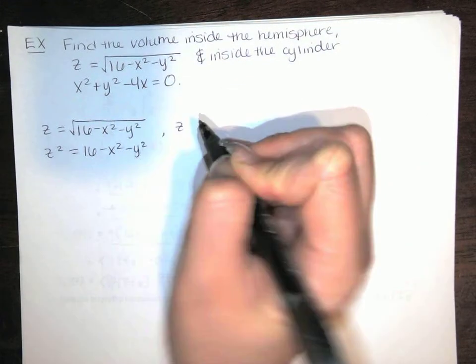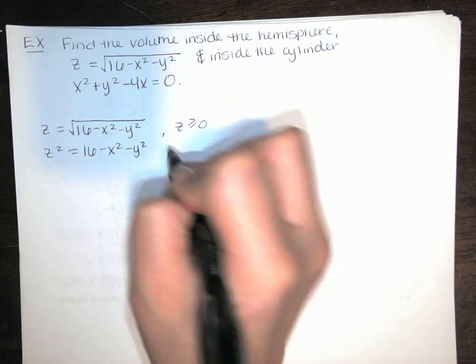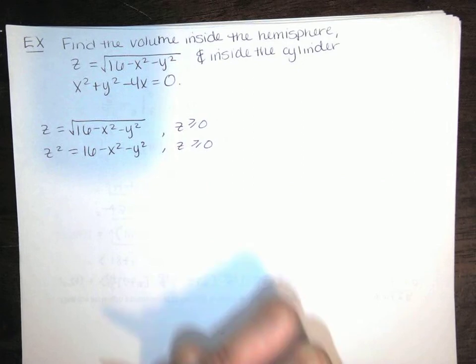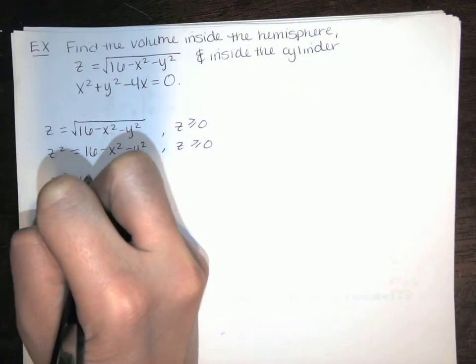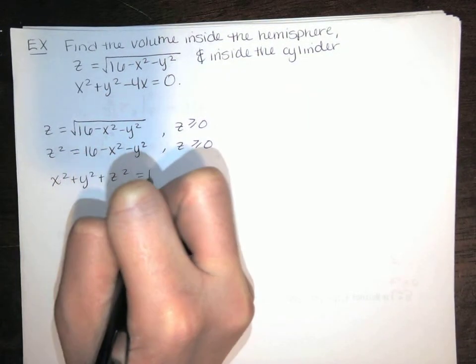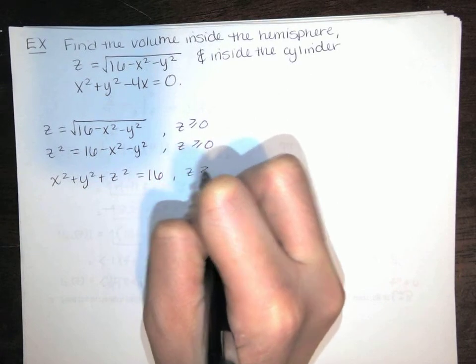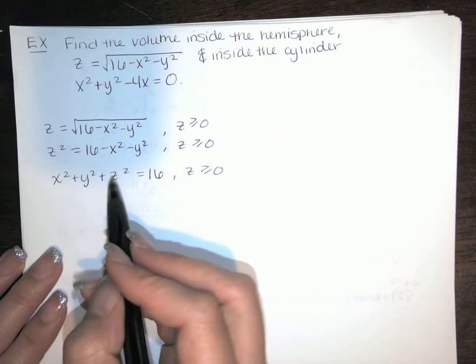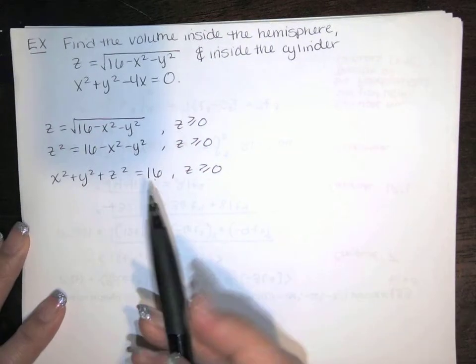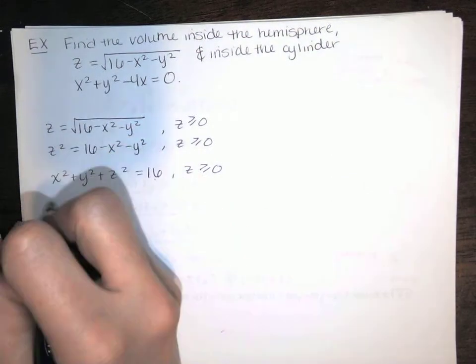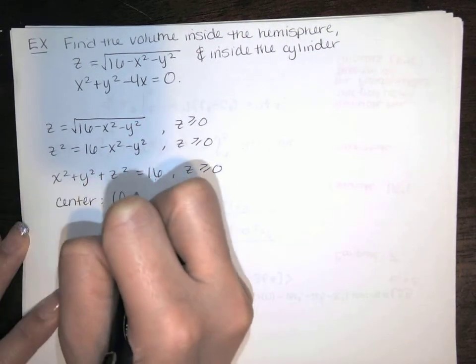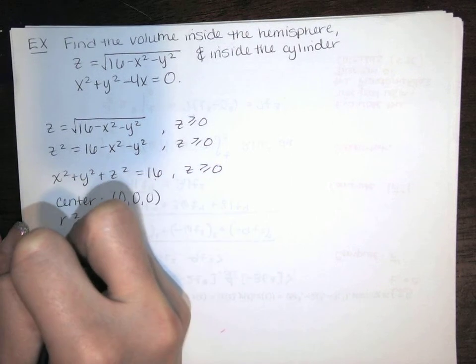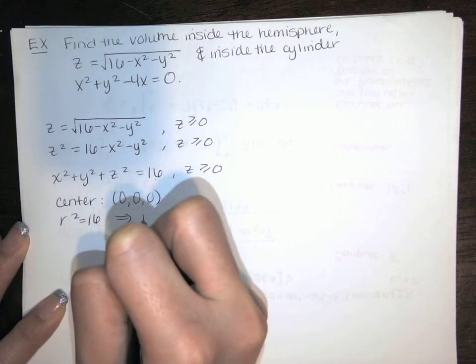Remember that if z is the positive square root, z has to be greater than or equal to 0. That's why it's a hemisphere. It's not the whole sphere. Then add the x squared and y squared to both sides. And you see, we've got a sphere centered at the origin. R squared is 16. So the radius of that sphere is the square root of 16. So r equals 4.